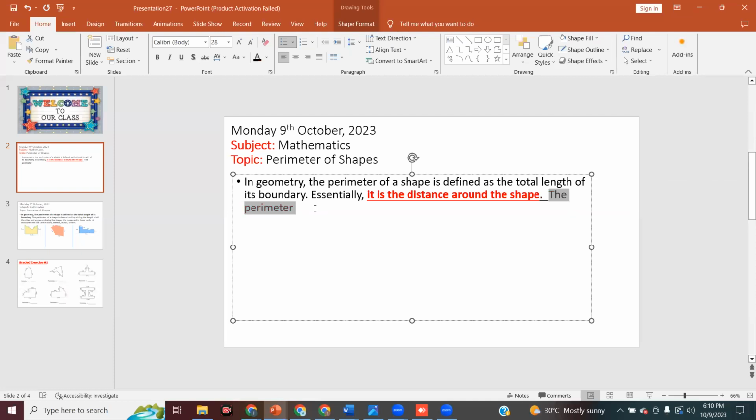So the perimeter of a shape, what operation must we use to figure out the perimeter? Addition. Addition, very good. The perimeter of a shape is determined by adding the length of all the sides and edges enclosing the shape.